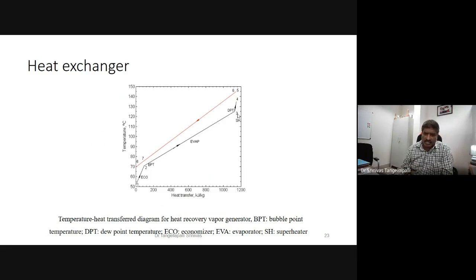Of course, the superheater is also sensible heat transfer, where the temperature of the vapor is rising, but the slope is different. See, the slope of the economizer, evaporator and superheater is different. This depends upon the thermal properties, such as the specific heat or latent heat of the single fluid system or multi fluid system, and according to the region: the liquid region, the liquid vapor region, and the vapor region.